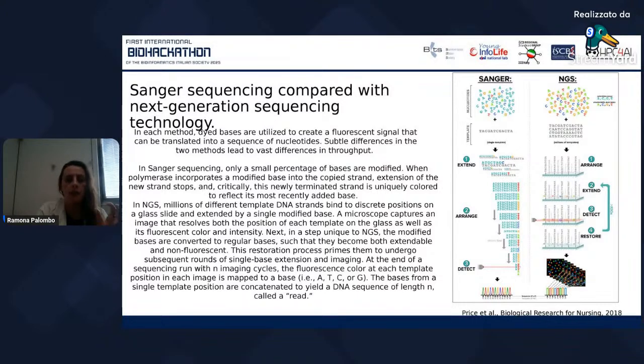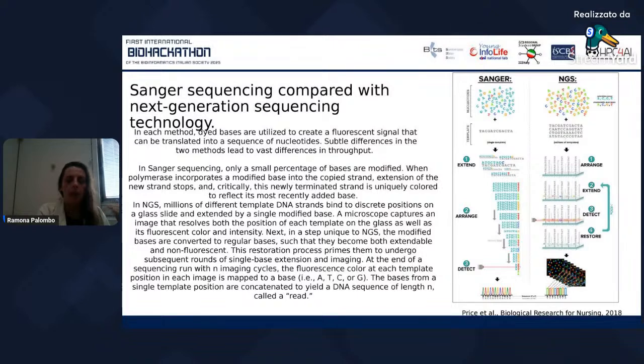So we have different transcripts of different lengths, from the shortest to the longest.